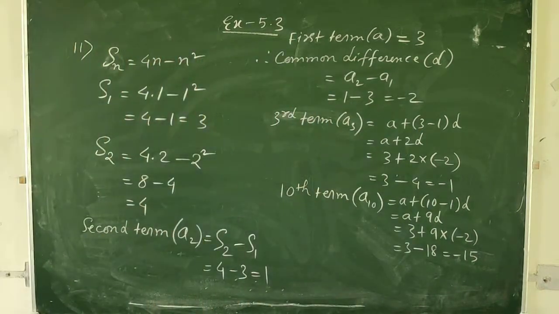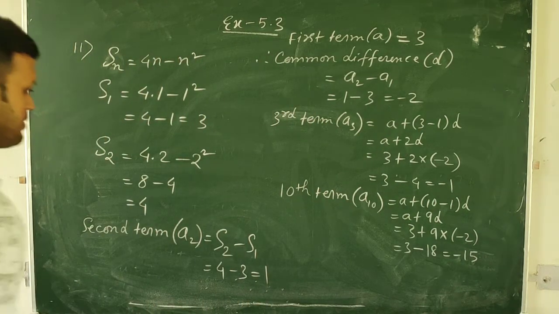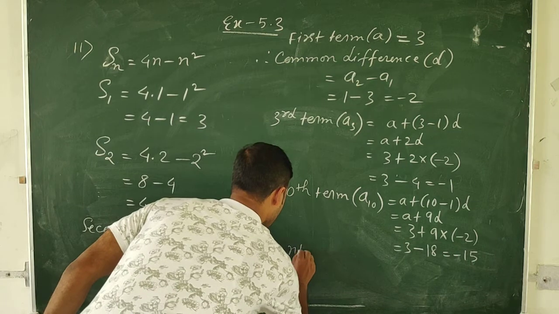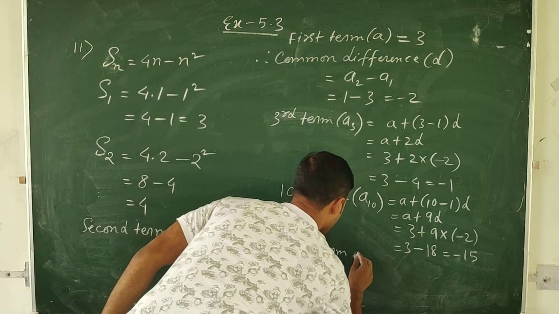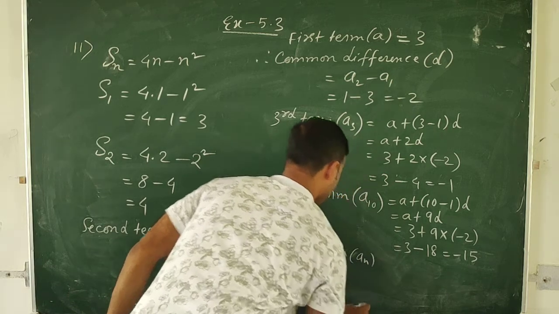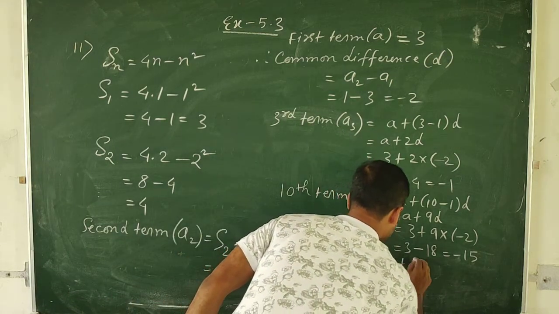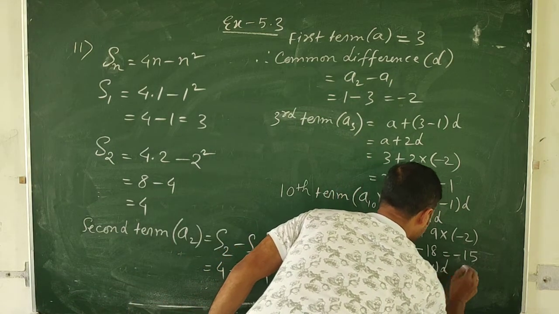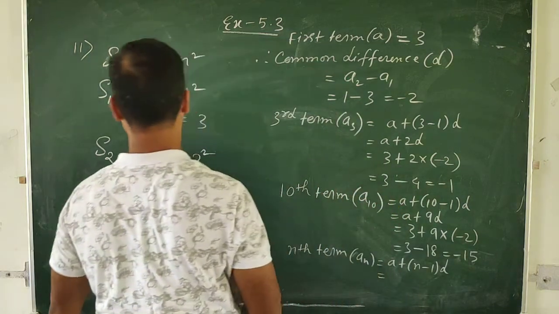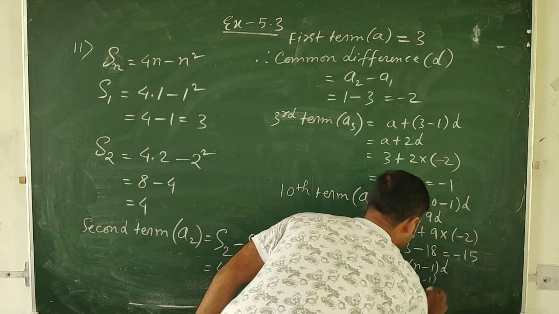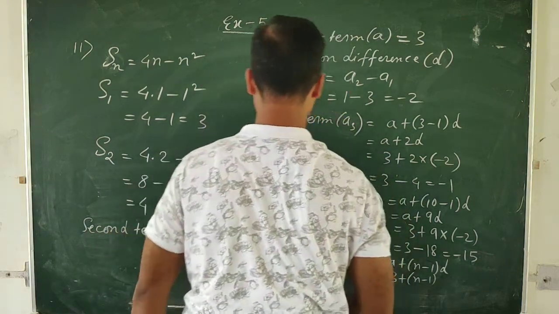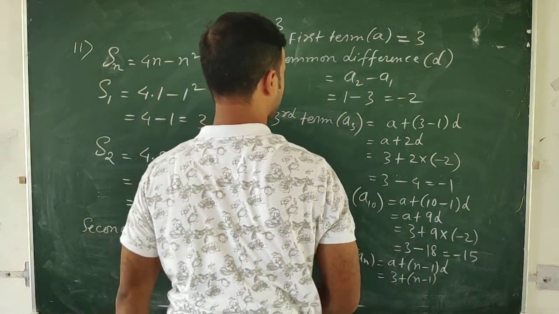And what more do we need? We need the nth term also. An is equal to A plus n minus 1 into D. What is the value of A? 3 plus n minus 1 into D. What is the value of D?